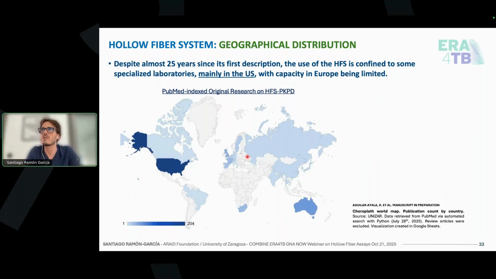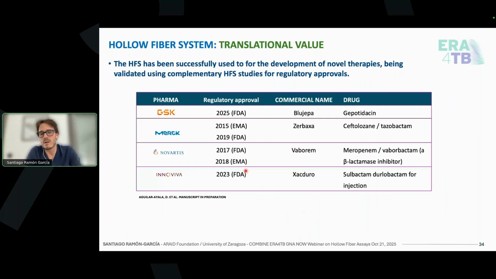So this was strategic for the ERA4TB consortium as well, to increase this capacity in Europe. And actually, the hollow fiber has a very high translational value. It has been used in regulatory approvals and submissions for different compounds in different pharmaceutical companies, but somehow this gets stuck in the industry and not really transferred into academia.